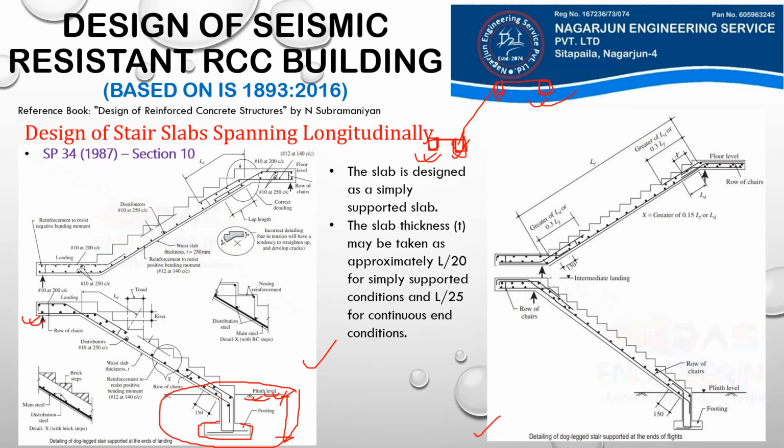And in this detailing, you see that this line or this reinforcement is our main reinforcement, and these black dots, which are the reinforcement spanning along the width of our staircase, are our distribution reinforcement.